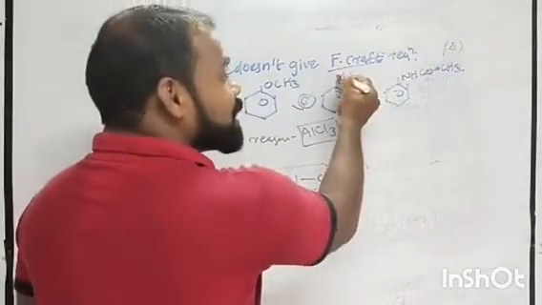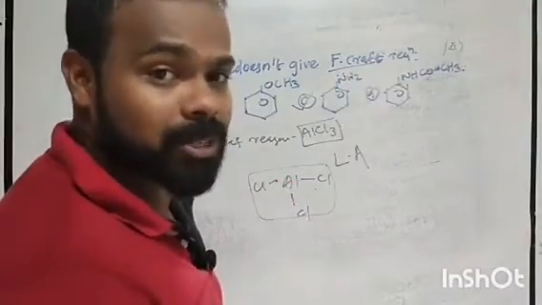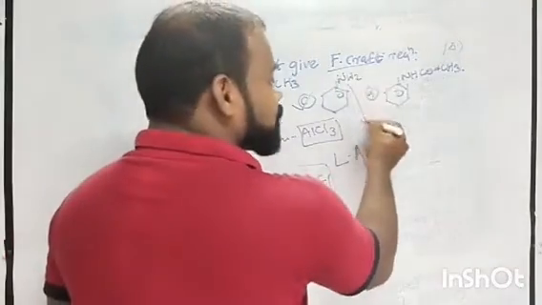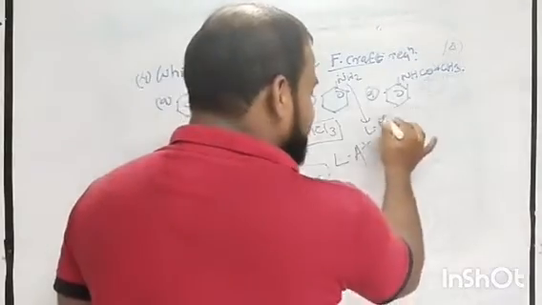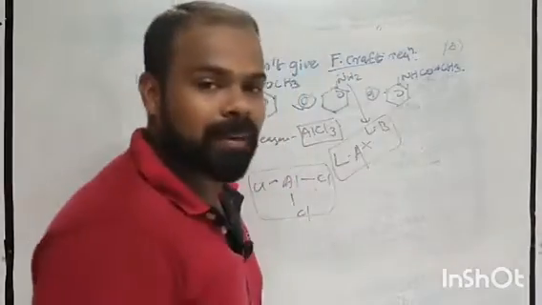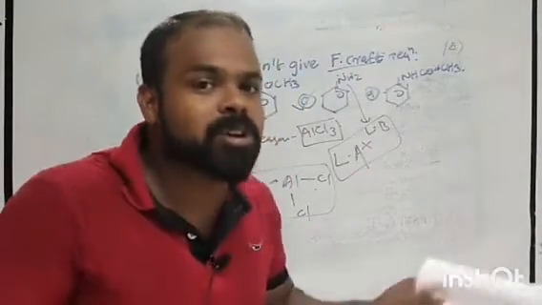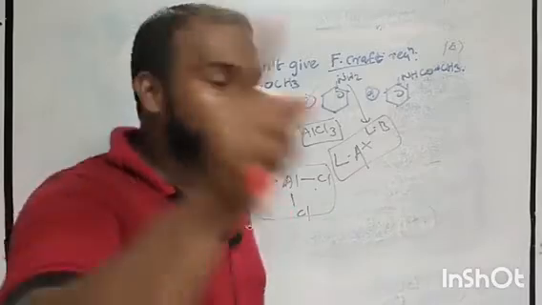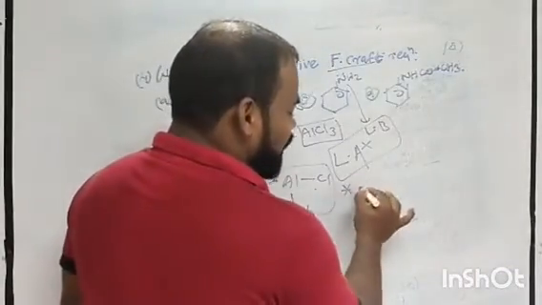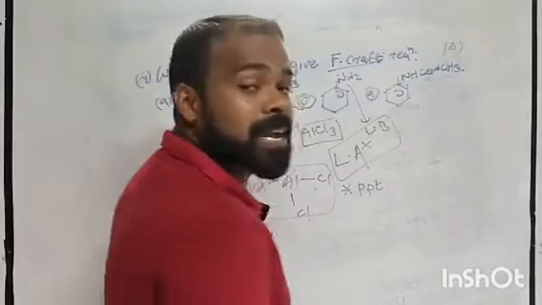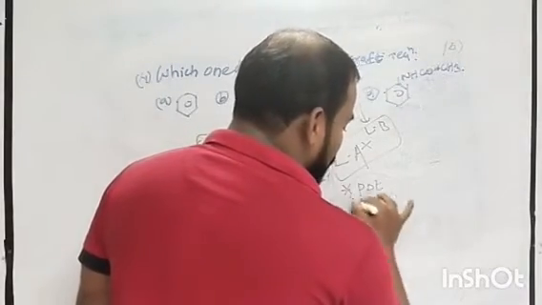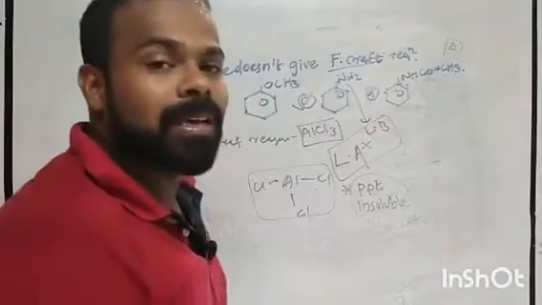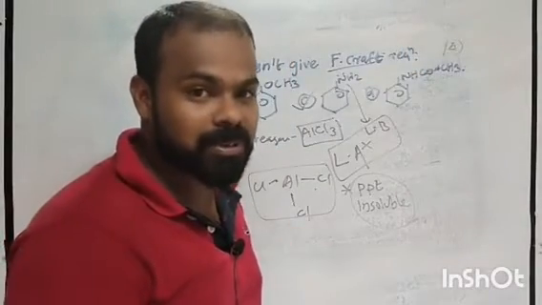Now look here, NH2: nitrogen has a lone pair of electrons. If anyone has extra electrons, they act as a Lewis base. Now this Lewis acid and Lewis base will be mixed together. Mixing is not the matter, but after the mixing they produce a precipitate. That precipitate is insoluble.